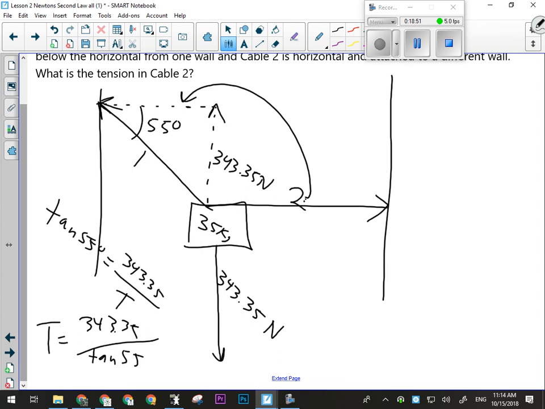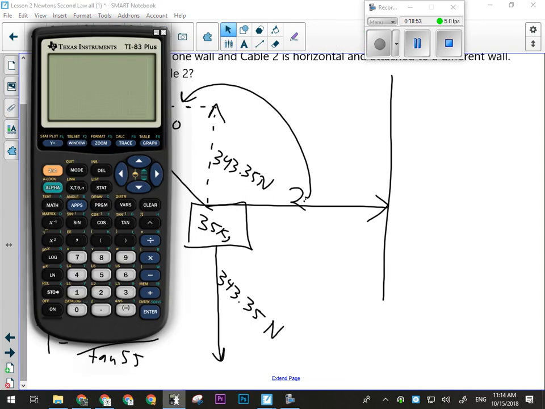And that should give me the tension in the other cable. Okay, so 343.35 divided by the tan of 55. Okay, so there's 240 newtons of force in cable 2. Okay, pulling to the right.